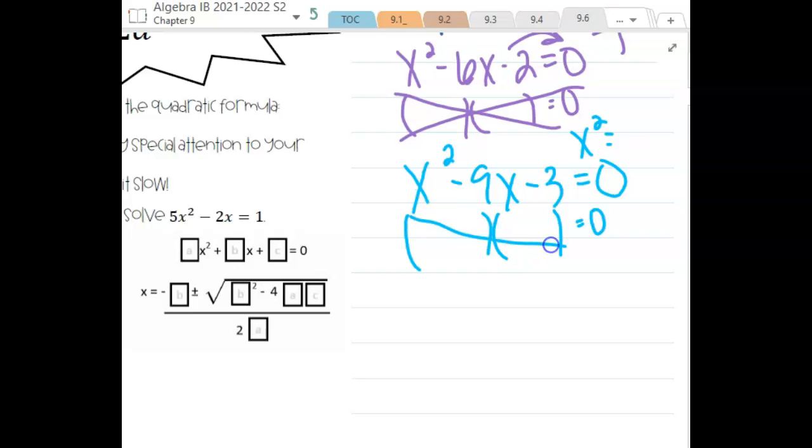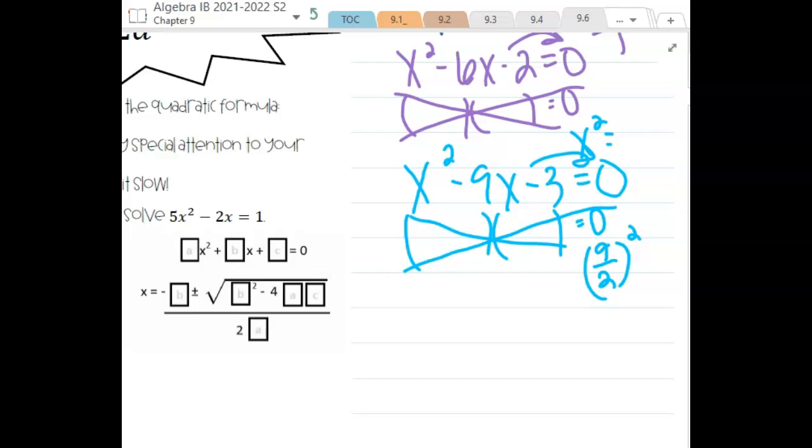So if I wanted to solve by completing the square, you technically can solve this one by completing the square. You have to move the minus 3 over. But then watch what happens when you find your magic number. To find your magic number, you would take 9, divide by 2, squared. And what happens when you take 9 divided by 2?